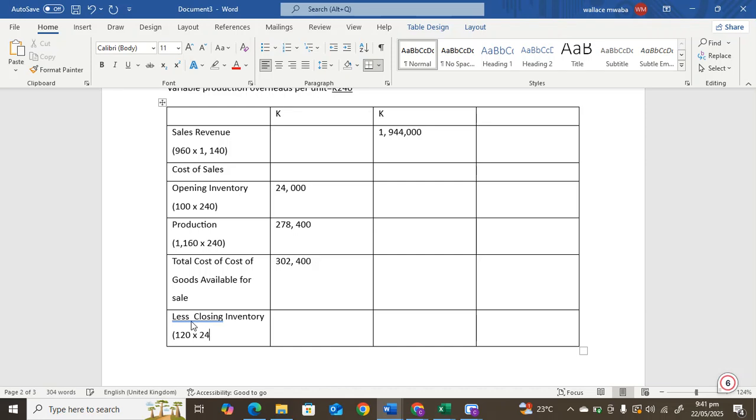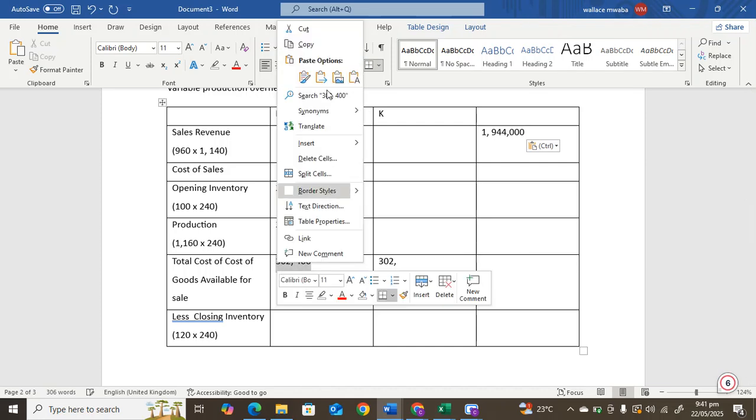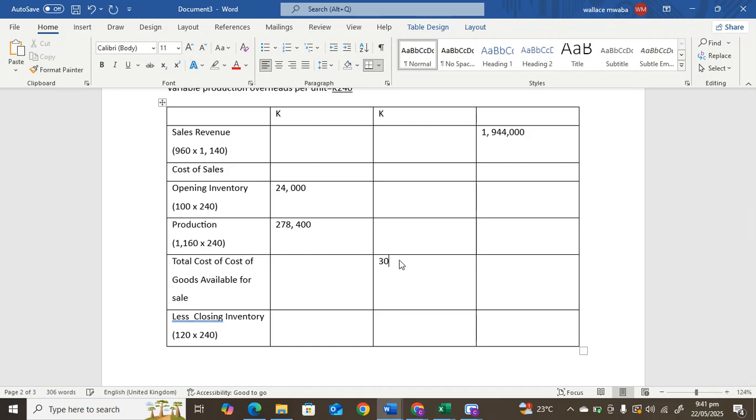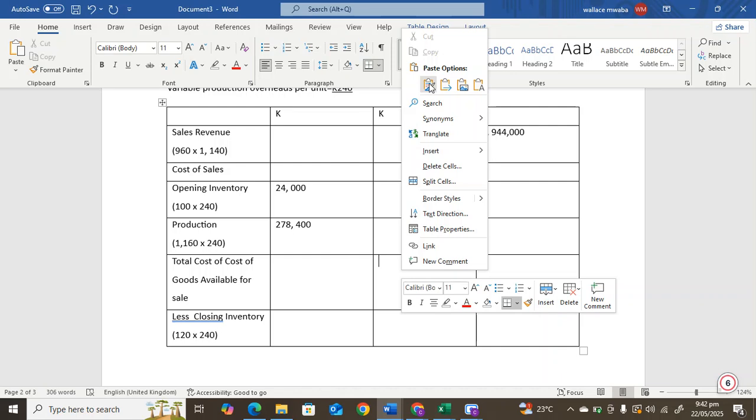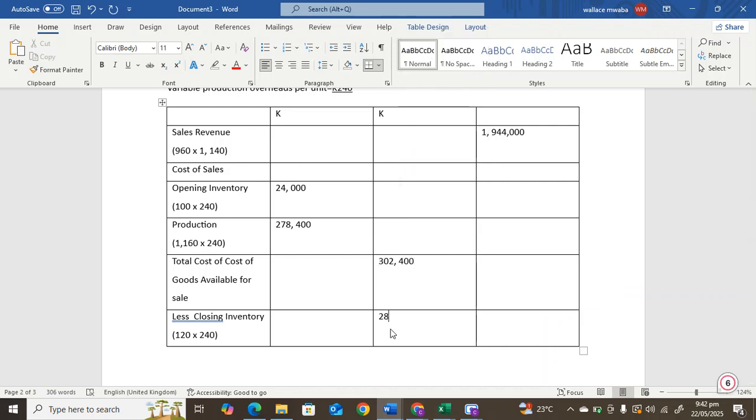We value them at 240 kwacha. 120 times 240 is 28,800.